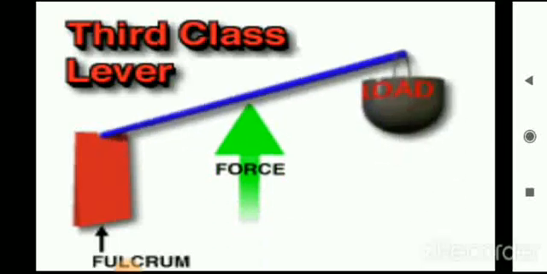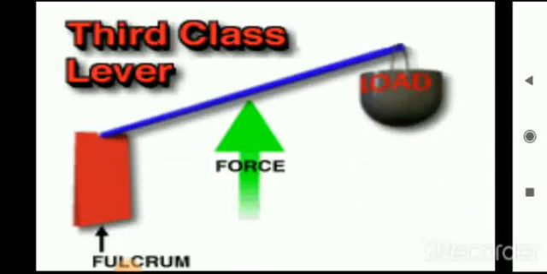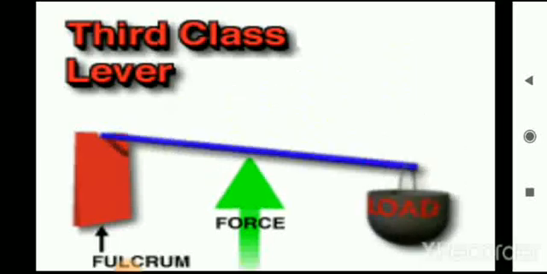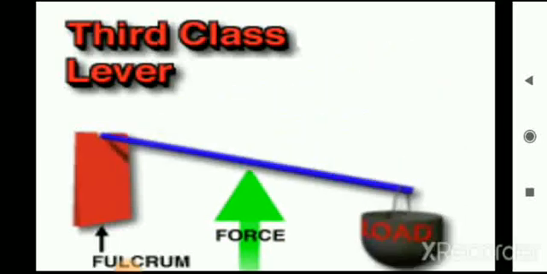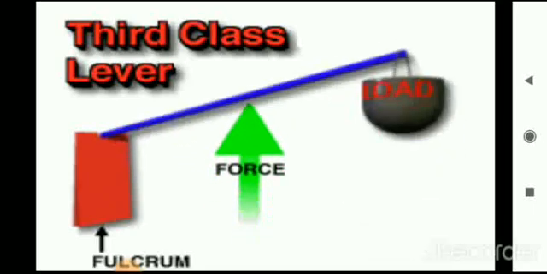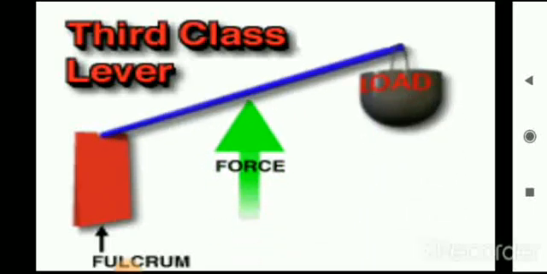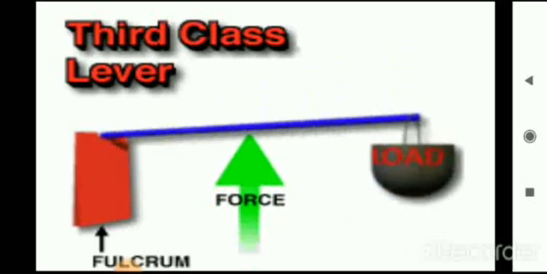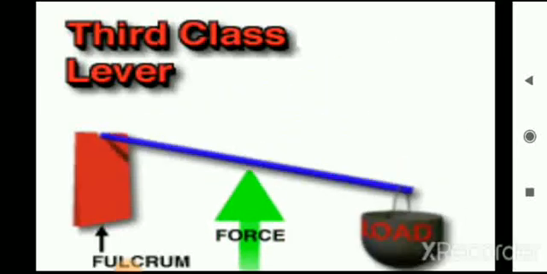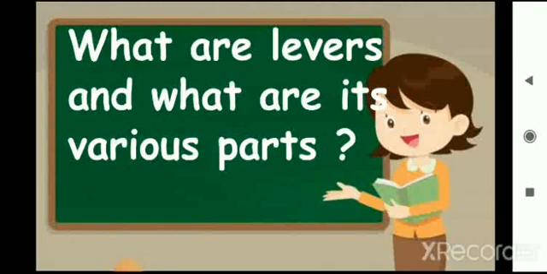And in case of third class lever, effort is between the fulcrum and the load. Clear? All the three levers clear? These three are the classes of levers, right? Only the arrangement of fulcrum, load and effort is changing in all the three classes. Clear? Now, moving towards our activity discussion. Our question number 1 is, what are levers and what are its various parts?